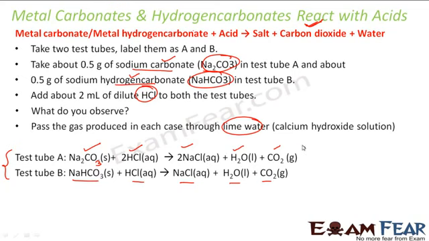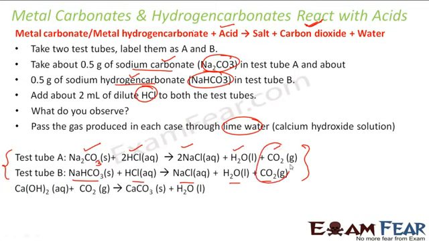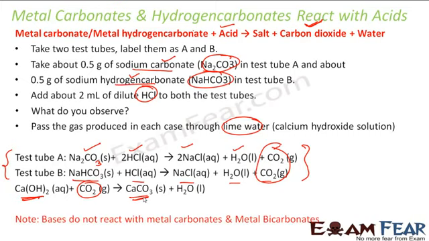So this is the reaction we have, and we concluded that any metal carbonate or metal hydrogen carbonate reacting with acid will give you salt, carbon dioxide and water. When this carbon dioxide is passed through lime water, it becomes CaCO3, and that is milky.